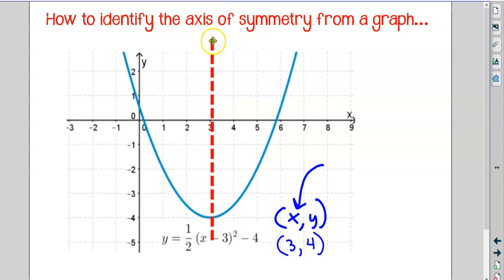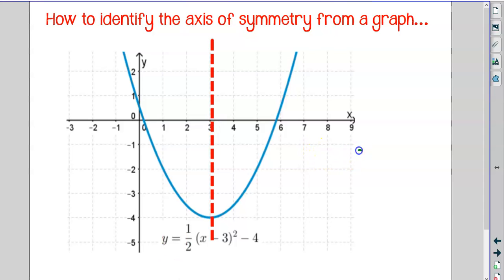The second thing is, in the middle of your vertex is your axis of symmetry. And if you can find the vertex, then you can find the axis of symmetry. Because all you need to know is that the axis of symmetry is the same as the x value. It is an imaginary vertical line that passes through this x point.